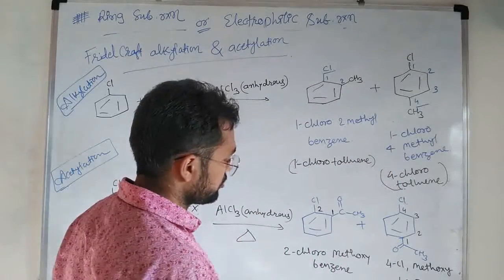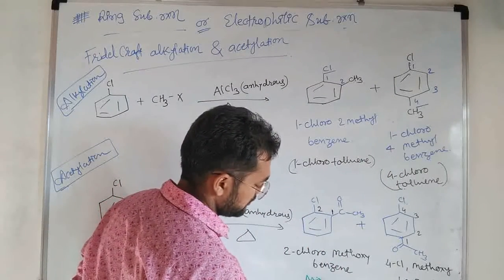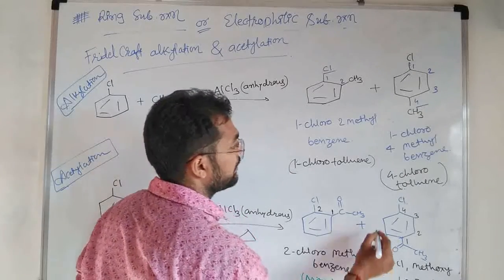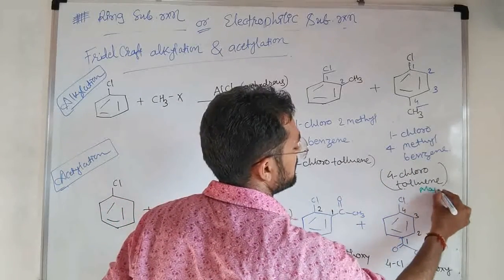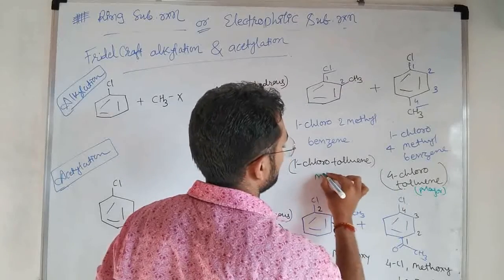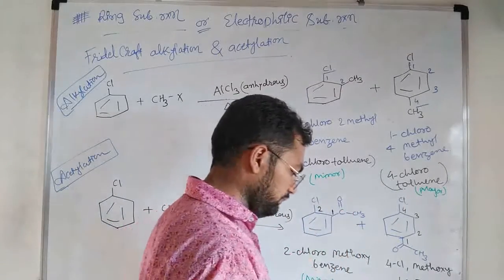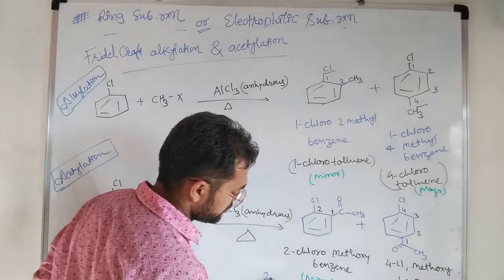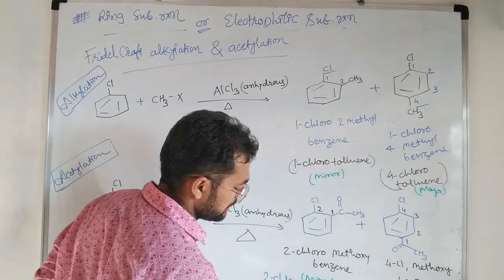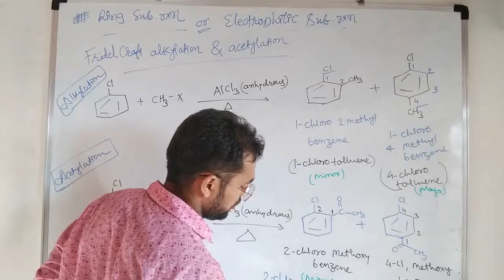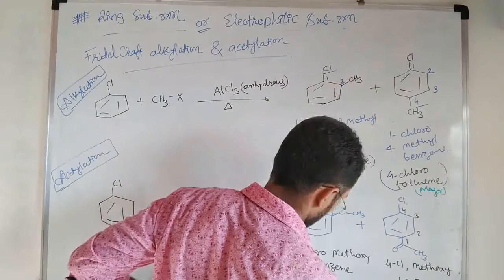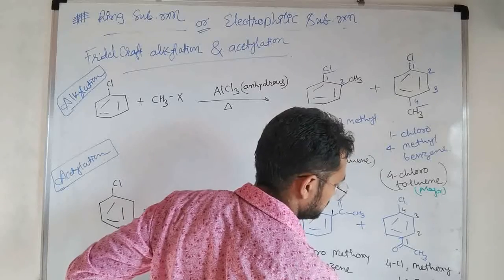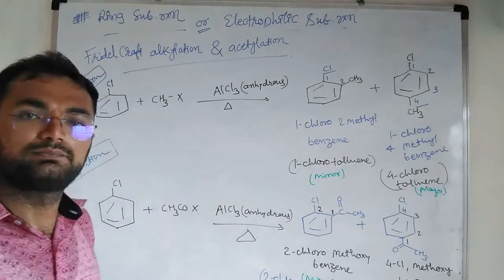Same way, the 2-isomer is the minor, and here the 4-isomer is the major. Here the 2-chloromethoxybenzene means 2-chloroanisole, and here 4-chloroanisole.